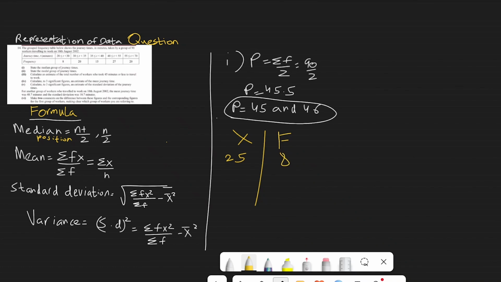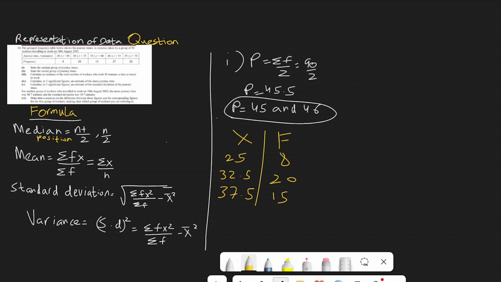Okay, the next is 30 and 35, so you could just do 30 plus 35 over 2, and it would be 32.5, and the frequency is 20. The next is 35 plus 40 over 2, which is 37.5, and the frequency is 15.